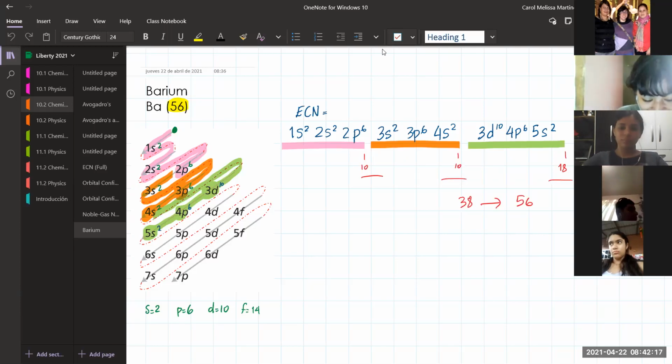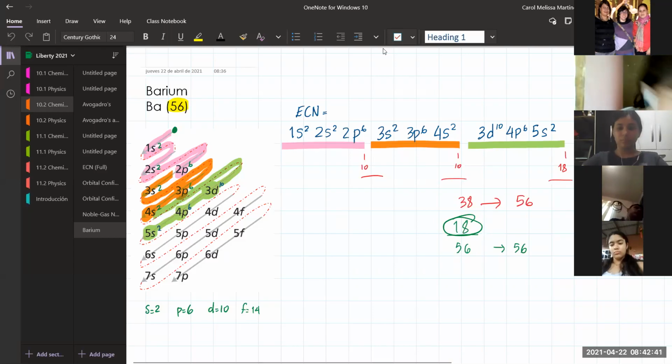Which means that I need how many more electrons? How many more electrons do I need to get 56? I need 18. So that means because I need 18 more electrons, I need to continue.